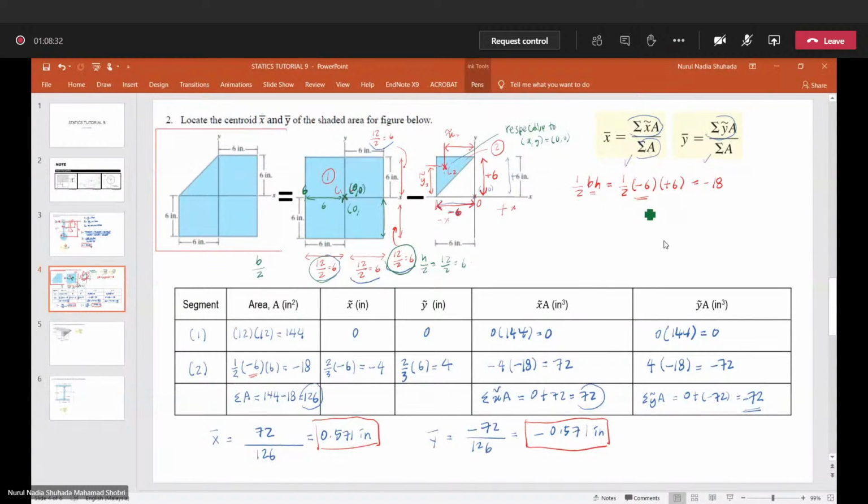Okay, so do we have any other questions? Okay, if there's no other question, I give you guys 2 minutes to look at question number 2, in case you need time to read through before asking questions.